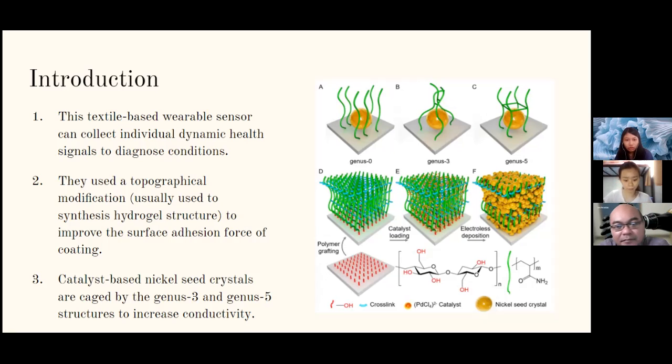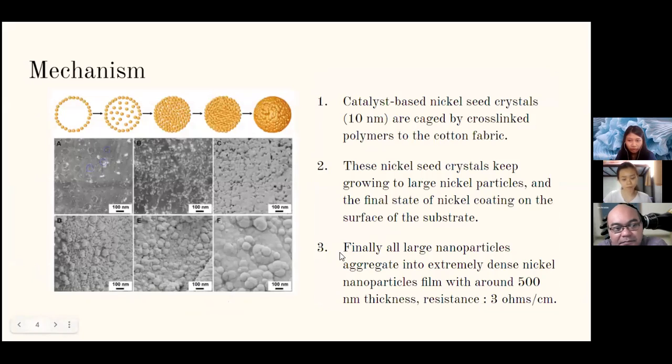Next. So now we go to the mechanism. Okay. So the catalyst-based nickel seed crystals, which are usually approximately 10 nanometers, are caged by cross-linked polymers to the cotton fabric. And these nickel seed crystals keep growing into large nickel particles, and the final stage is the nickel coating on the surface of the substrate.